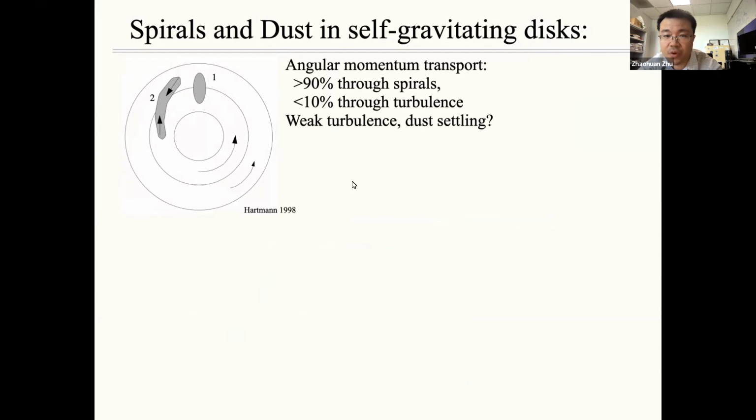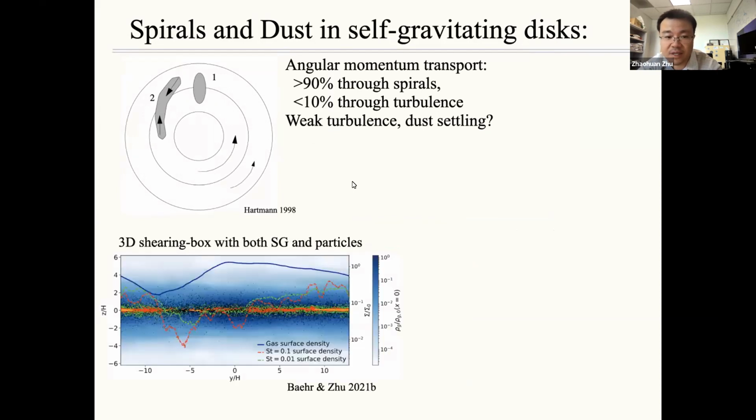So the disk is very weakly turbulent, and the dust could settle significantly in these disks. In this recent simulation with my postdoc, Hans Bayer, we have dust particles in 3D self-gravitating disk simulations. And these dust particles settle significantly at the disk midplane.